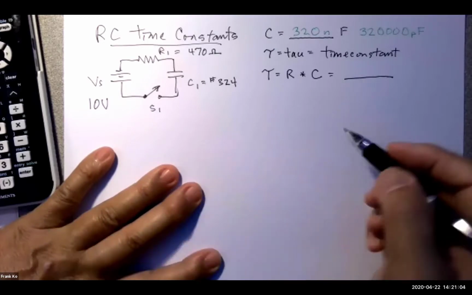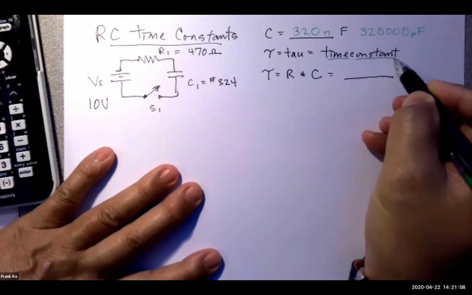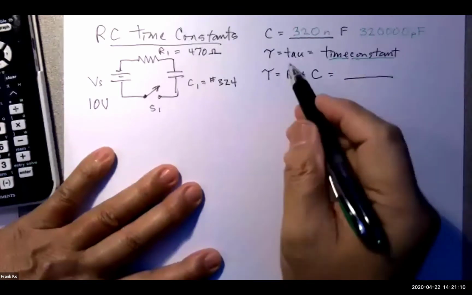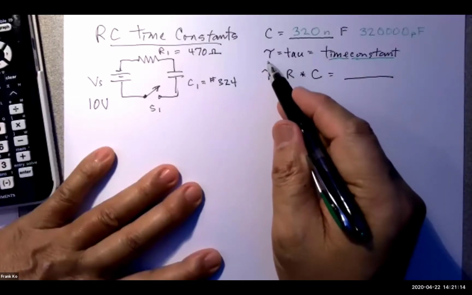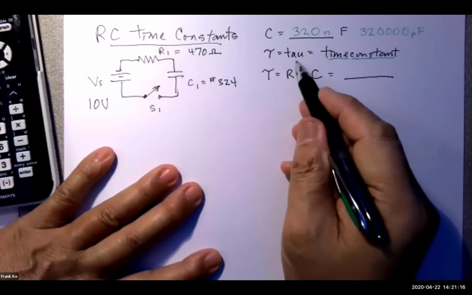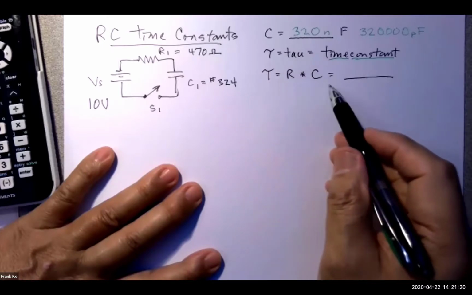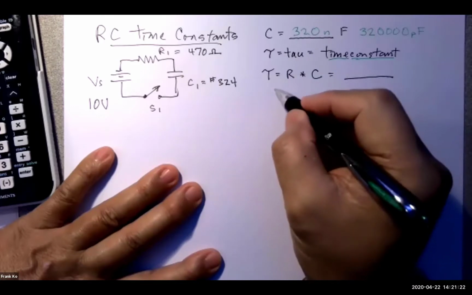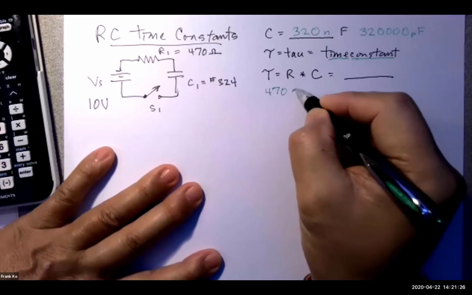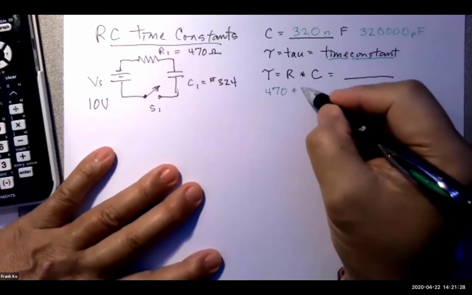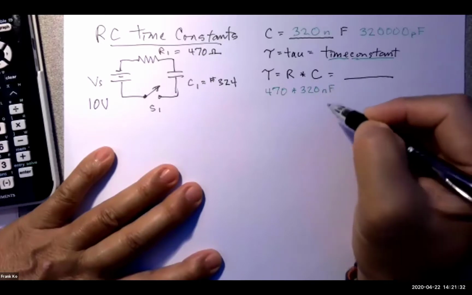The next thing we need to determine is this thing called time constant. Time constant is given as this symbol, which looks like a cursive T or maybe half of a pi. It's called tau, a Greek letter, and tau is calculated as the value of R times C. The value of R is 470. The value of the capacitor we key in as 320 nanofarads.